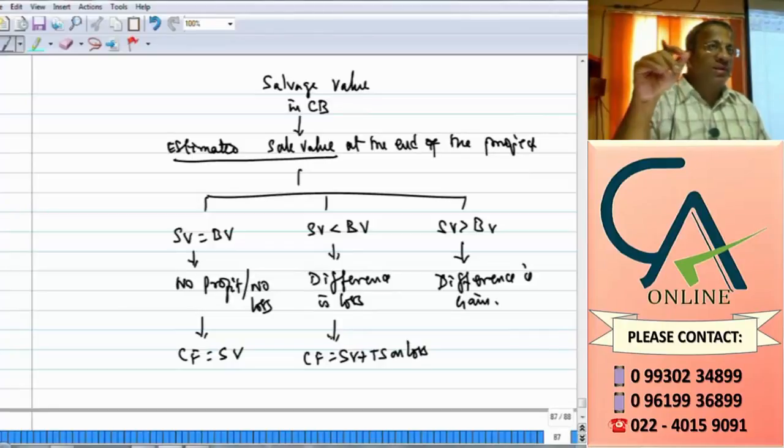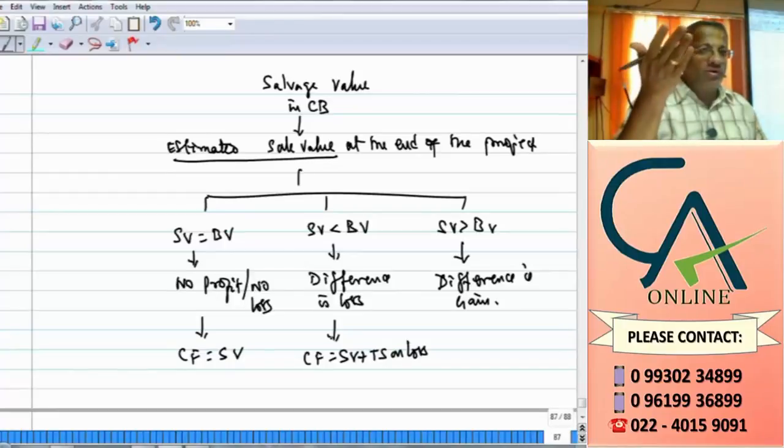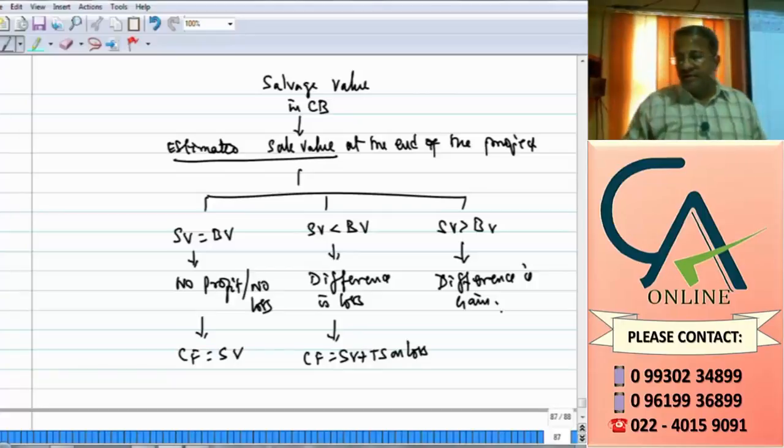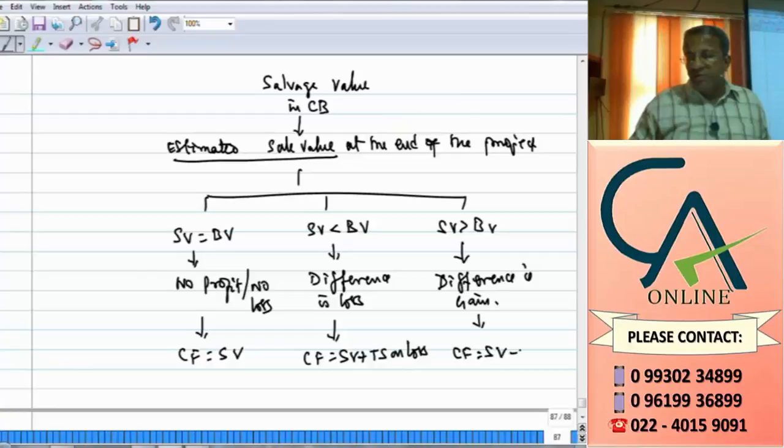You call that terminal depreciation. Any shortfall, whether you call it a loss or terminal depreciation, the effect is the same. Tax saving on loss. Here, cash flow is equal to salvage value minus tax payment on gain. This is what we call salvage value after tax.